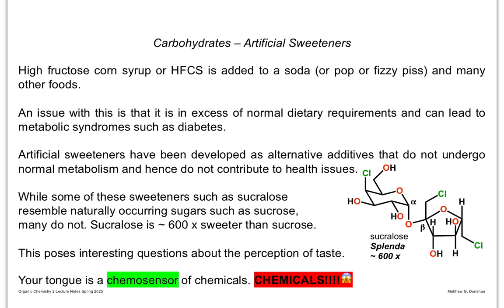So those are naturally occurring sugars, and again, you digest them. They'll produce either glucose or galactose. There are things called artificial sweeteners. So these are added to increase the perception of sweetness without adding as many calories to your diet.